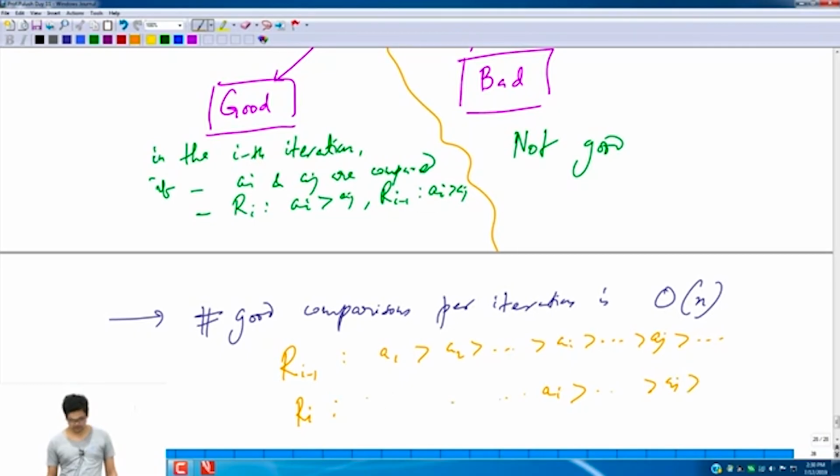This left side may be different, but I know AI appears left of AJ because it is a good comparison. Now, because it is an insertion sort, in the jth iteration AJ will get picked, and we will keep comparing with all the items on its left to find the appropriate place.